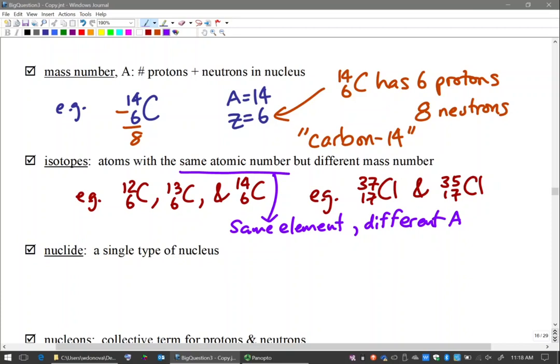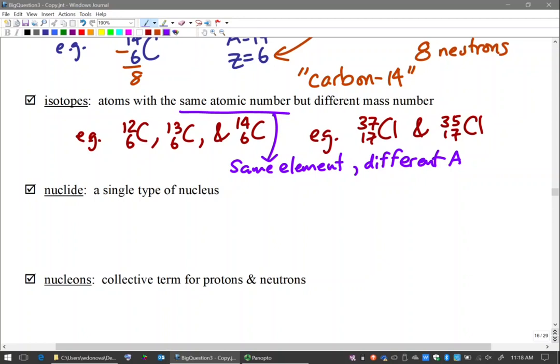So to get a word that we could use to describe atoms of different elements that have a particular mass number, we have a new word that we probably didn't see in chapter 2. So this is new vocabulary to you. Nuclide. A nuclide is a single type of nucleus. And nuclides, plural, would be a group of types of nuclei.